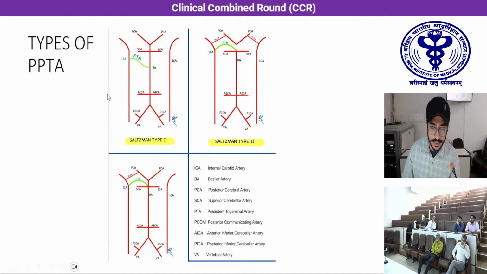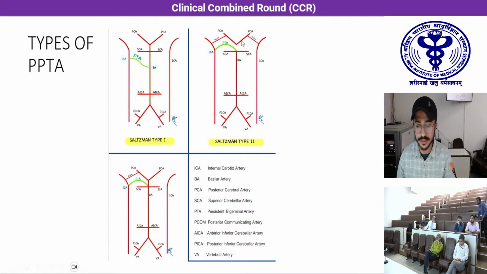So there are 3 types of persistent trigeminal artery according to Salzman. In type 1, the PTA forms a connection between the ICA and the basilar trunk itself. In type 2, there is communication with the distal basilar trunk, and the distal basilar trunk is hypoplastic. There is a fetal PCOM.